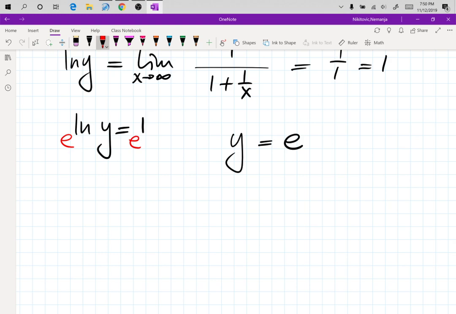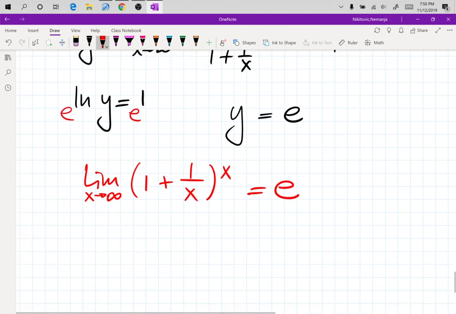Coming back in chapter 7, coming back in chapters 10 and 11, in Calc 2, coming back in differential equations. The limit as x goes to infinity of (1 plus 1 over x) raised to the x is equal to e. Put that one on a cloud.